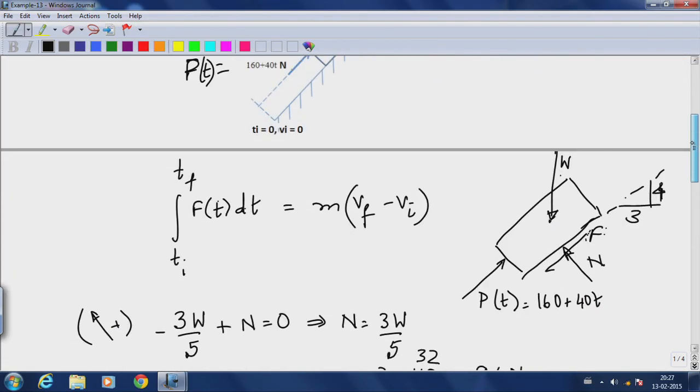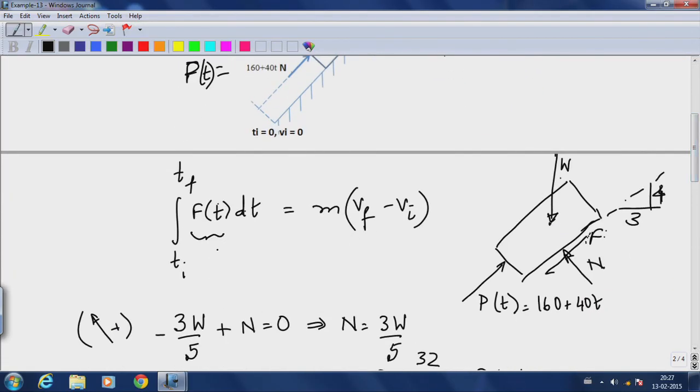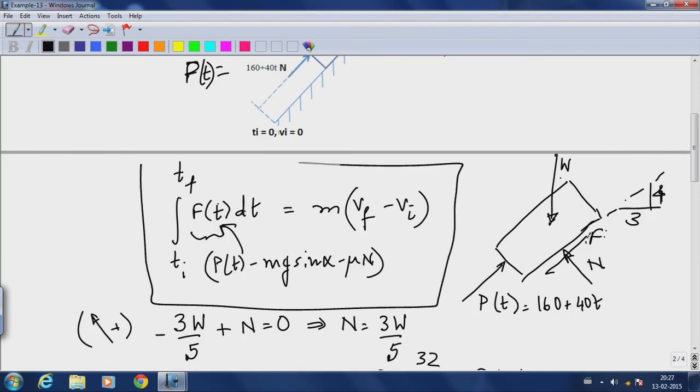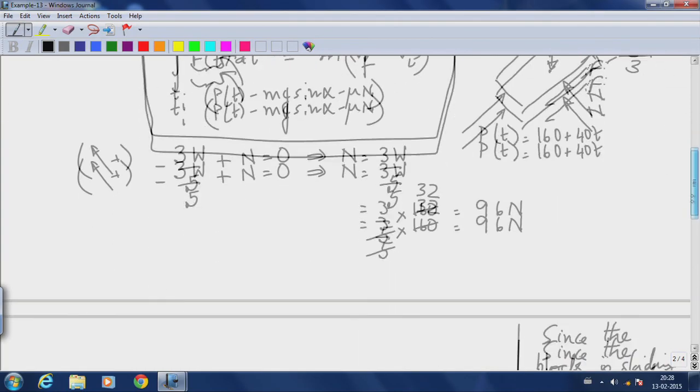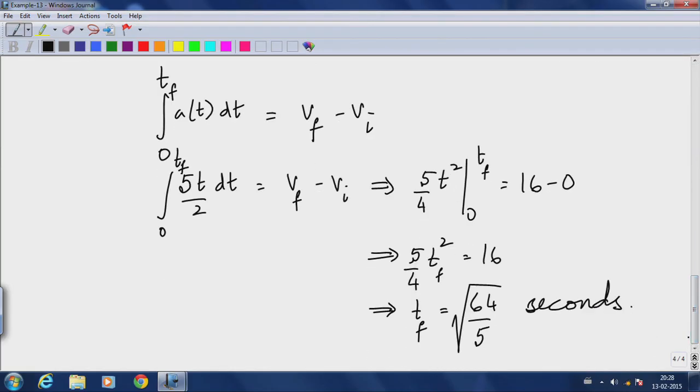So, essentially what we have done is calculated the force F of t, which in this case is the P of t minus mg sin alpha minus mu N. So, that whole thing is used to replace this F of t, and when we do that we are able to calculate the final change in the momentum m times Vf minus Vi. So, that gives you the final answer.